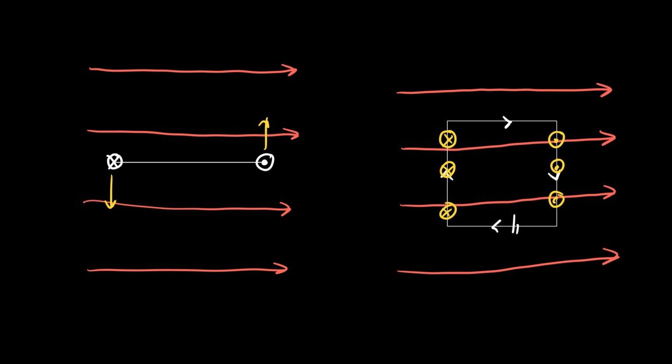Because as this turns, we'll eventually reach a point where my current loop makes it to say here. And again, right there at the top, I have this current coming out of the board and this current going into the board. True? You guys see what's happening here? The problem is that as it flips, the force stays pointed in the same direction on both of these.